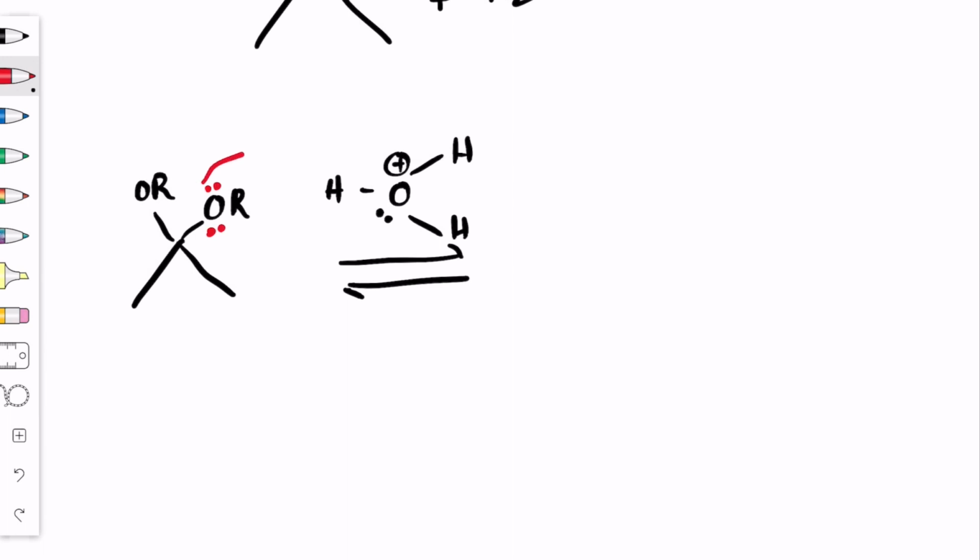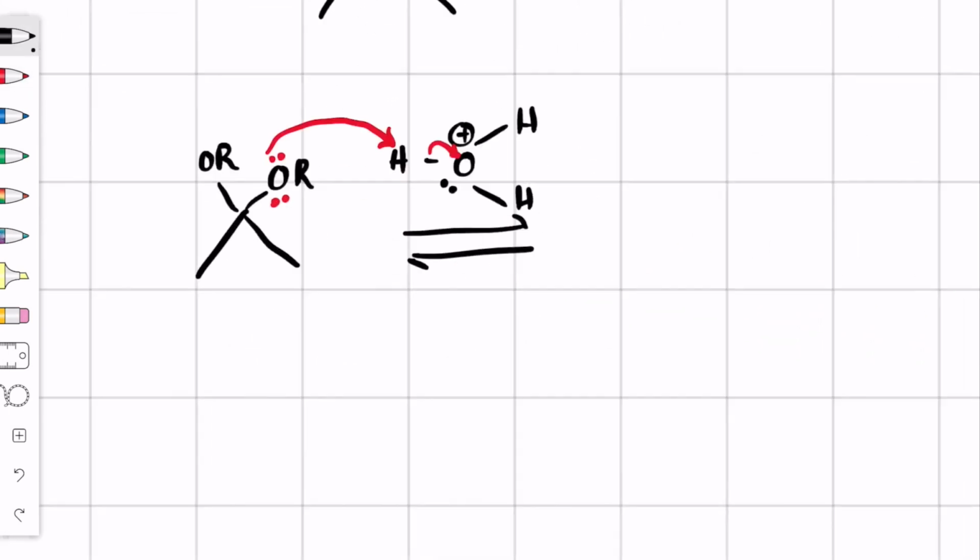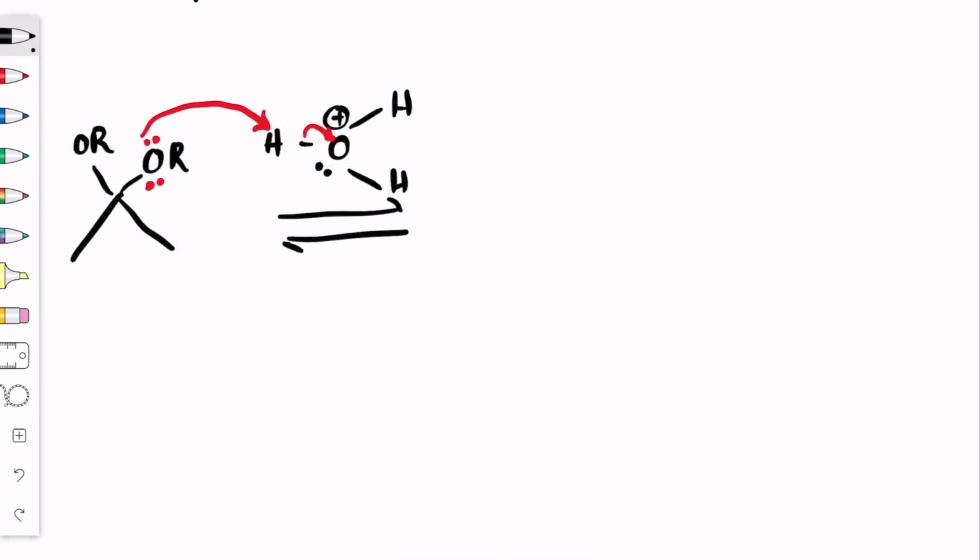Now that attacks the hydrogen, and the hydrogen gives its electrons back to oxygen. So this results in the formation of an intermediate which looks somewhat like this.